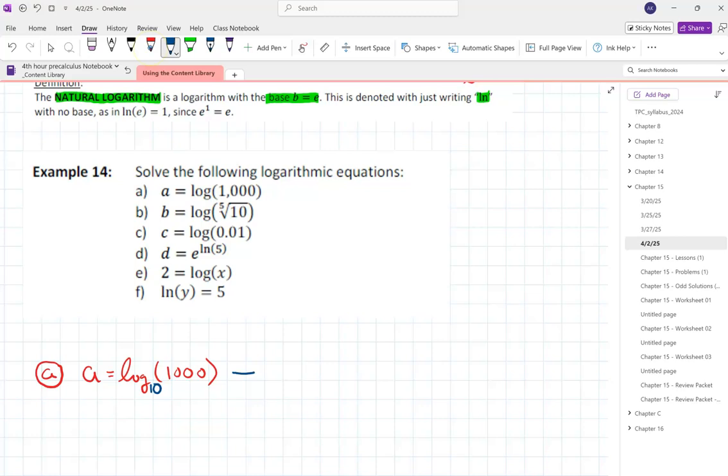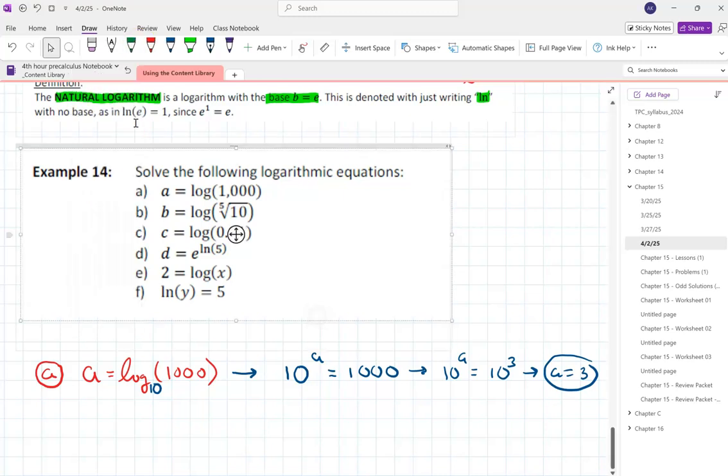So I could use my definition of a logarithm to rewrite that as an exponential equation. And then maybe there I recognize, okay, 1,000 is 10 to the third. And since the bases are the same, the exponents have to be the same.